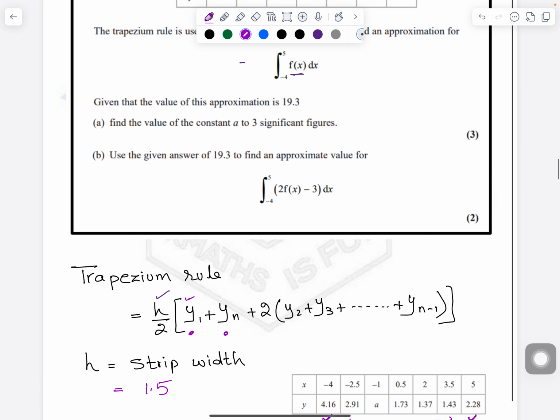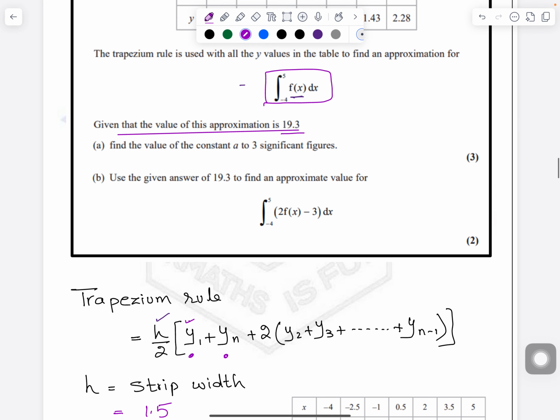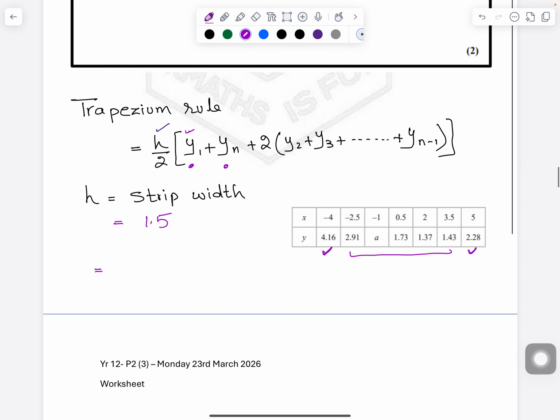Okay, what else is given to you in the question is, given that the value of this approximation is 19.3, it means the integration answer is equivalent to 19.3, and you have to find the value of a. So what does it mean? In this formula, I will say 19.3 is equals to, right? So I'm writing 19.3 is equals to and substituting the values in this formula.